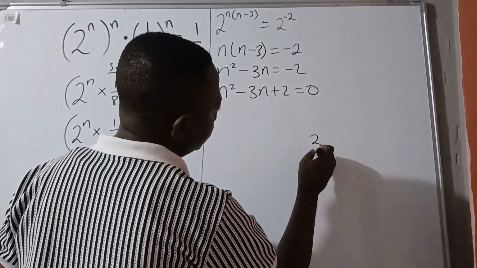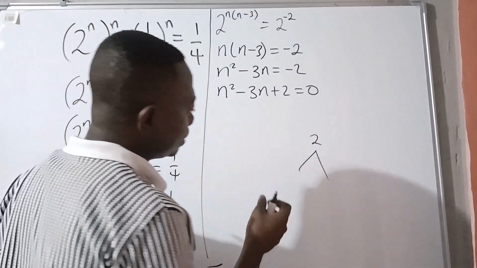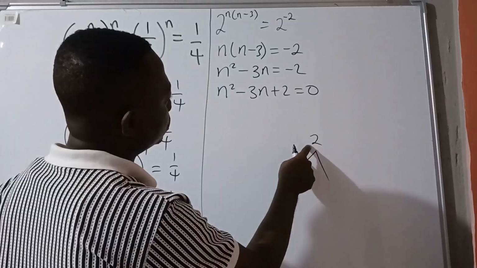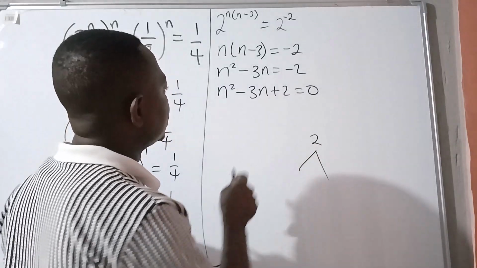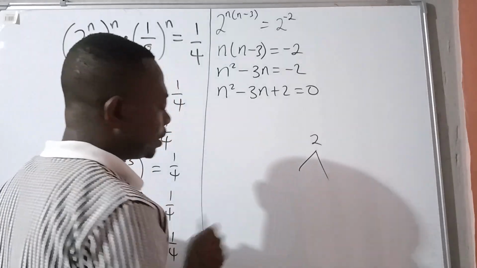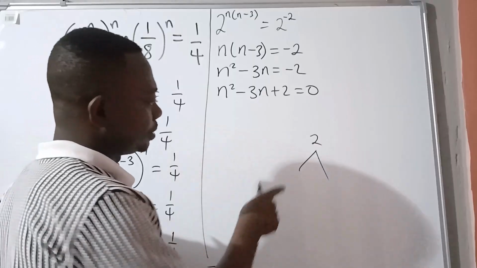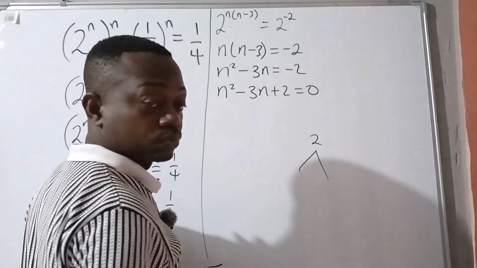Let me find two numbers which, when I multiply them, I'll get 2, but when I add, I'll get the coefficient of n, that is minus 3. The two numbers must be factors of 2.